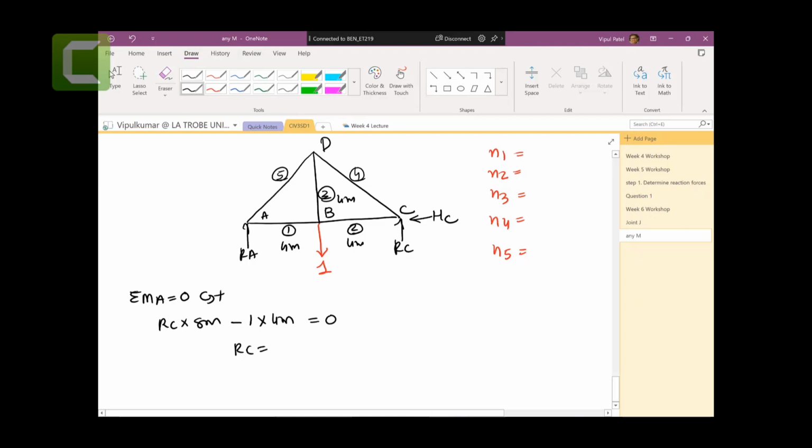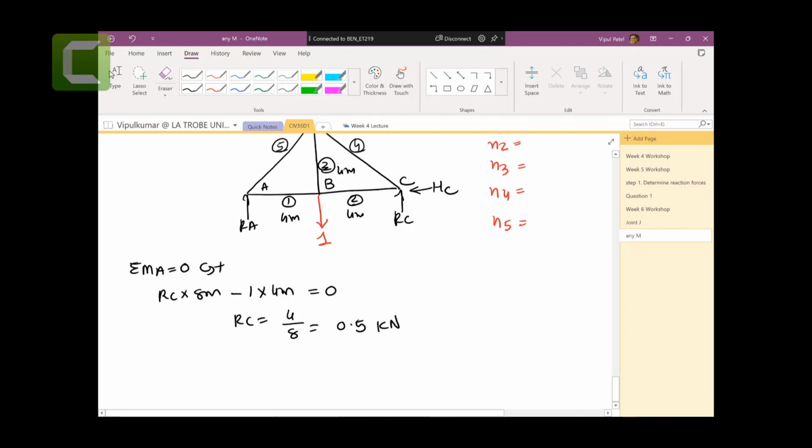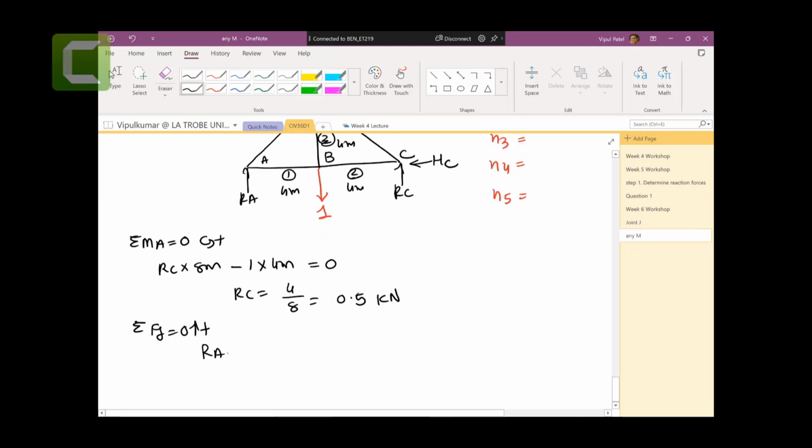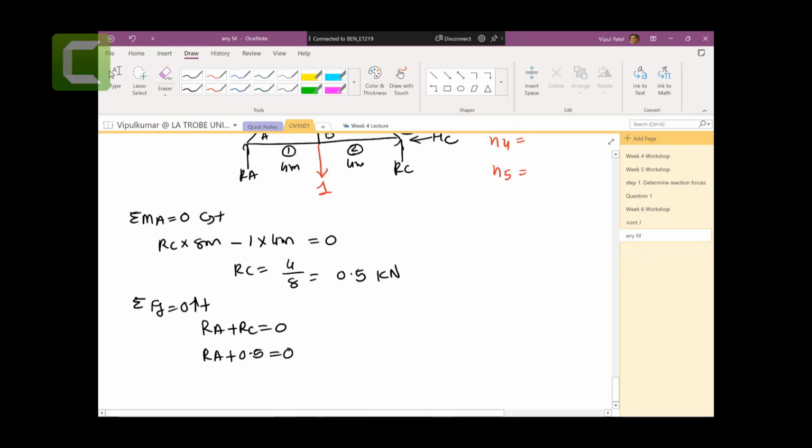So RC equals 4/8, which is 0.5 kilonewtons. And sum of the forces in the y direction, upward is positive: RA plus RC equals 0. RA plus 0.5 equals 0.